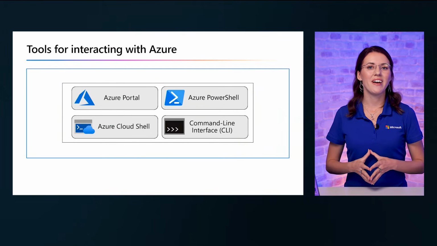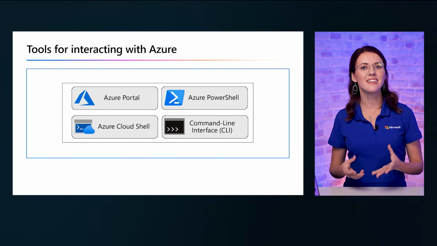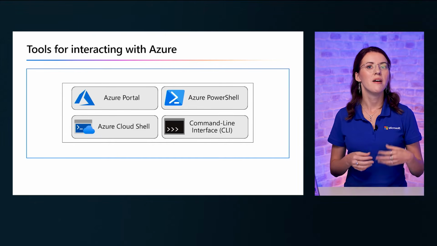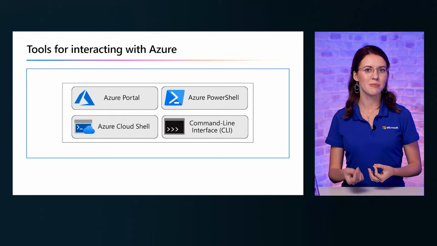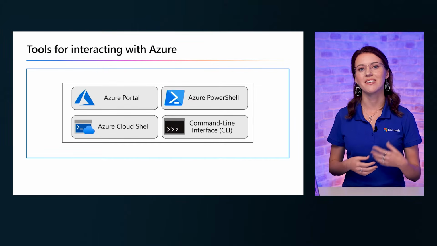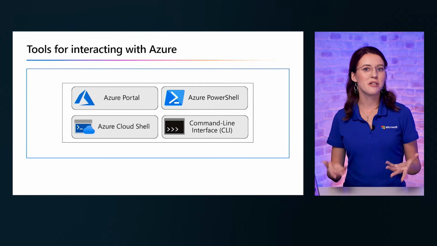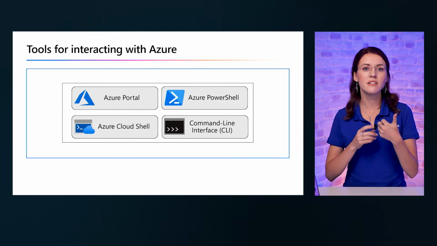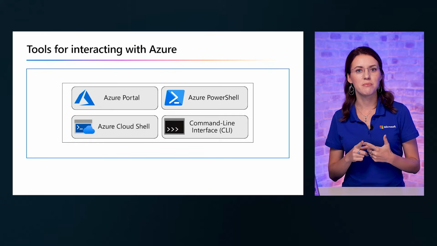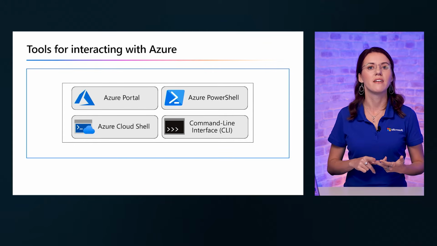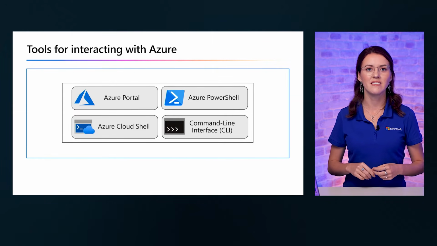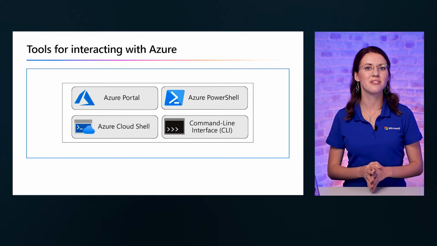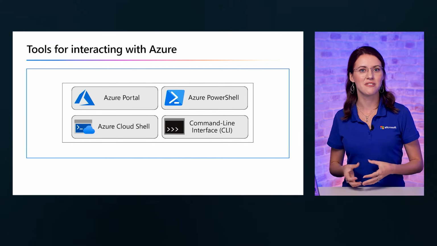To make the most of Azure capabilities, you will need a reliable way to interact with Azure environments, management groups, subscriptions, resource groups, resources, etc. Azure provides a range of tools for environment management, including Azure Portal, Azure PowerShell, and Command Line Interface, CLI. Now, let's explore how these tools integrate seamlessly with the Azure environment.